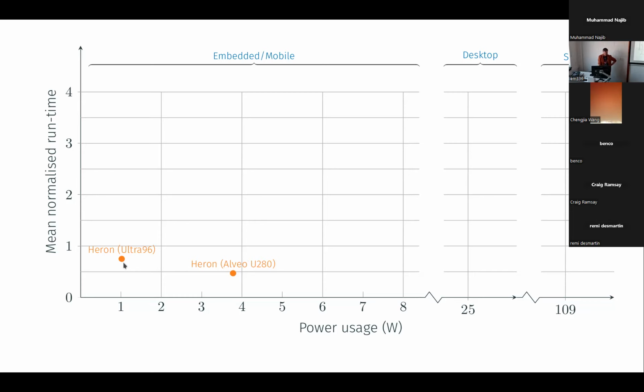So let's compare that against some embedded CPUs, 2 ARM configurations. And again, we're measuring the power consumption of the entire chip, so that's including any idle cores, but they have quite aggressive frequency scaling. So I think this is as fair a comparison as we can make with a single-threaded benchmark.